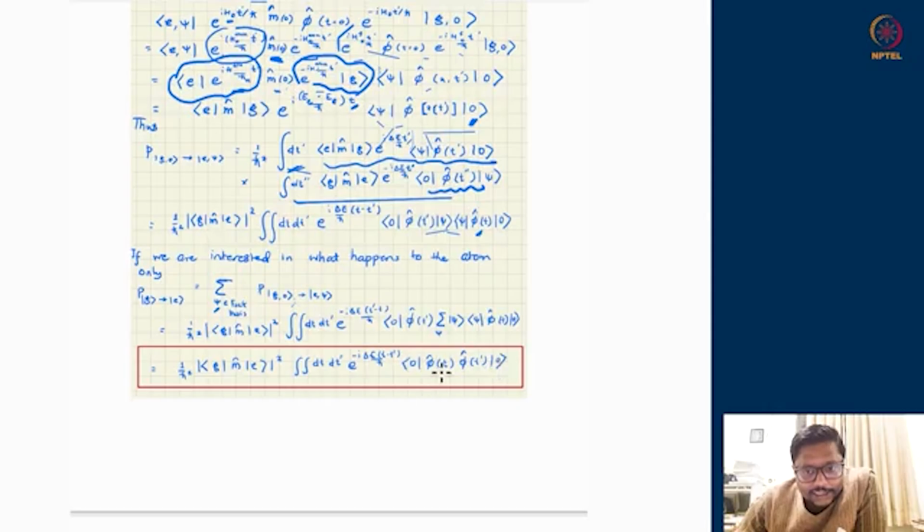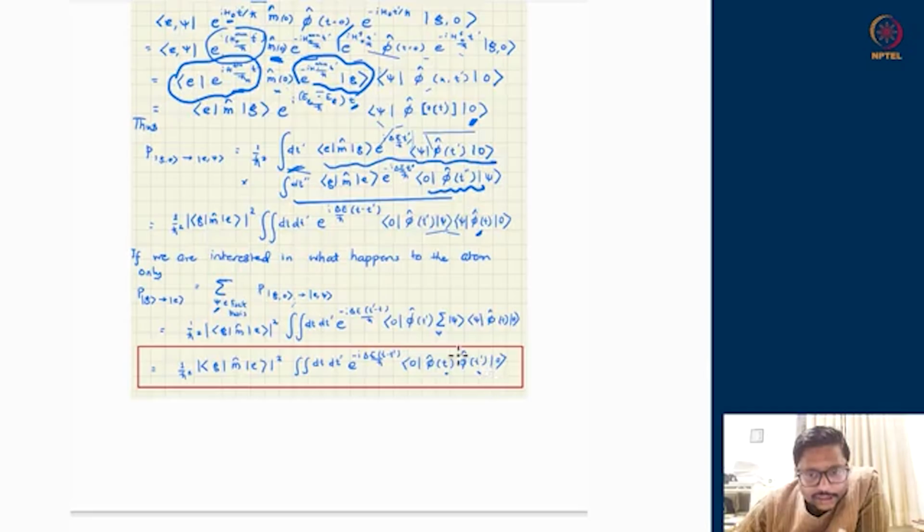So you see, this is the correlator of phi at time t and phi at time t prime, which has appeared. When I summed over all the possible states of the Fock basis where the field can land up, I end up getting the 2-point correlator of the field at time t and time t prime. And these t and t primes are running from initial time t naught to final time t.